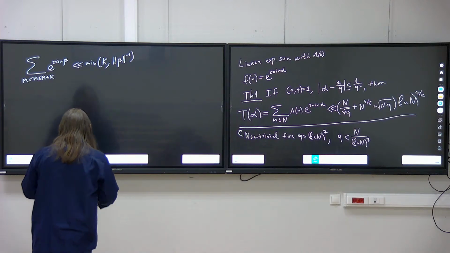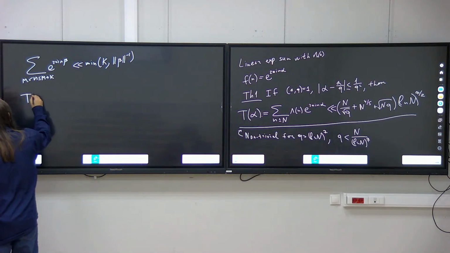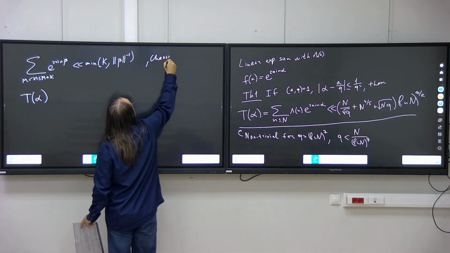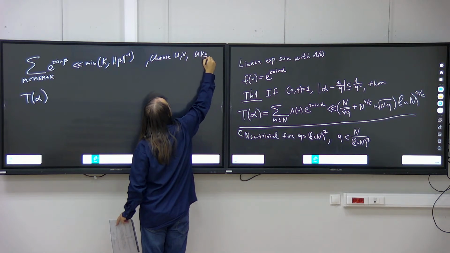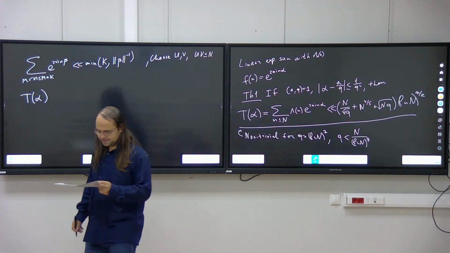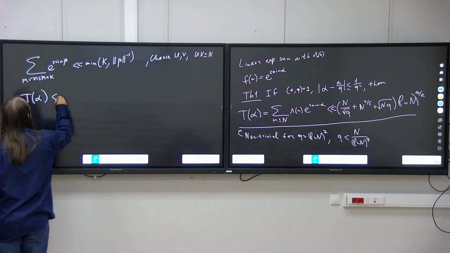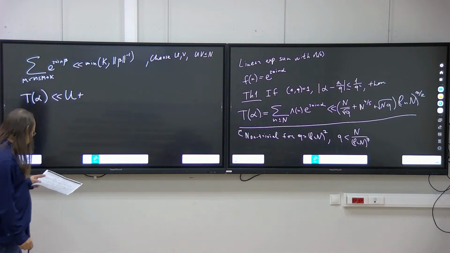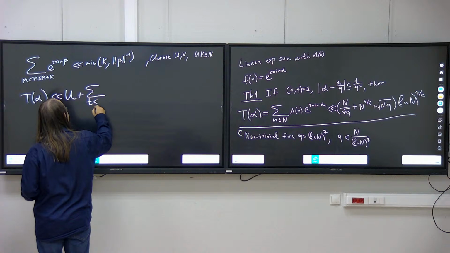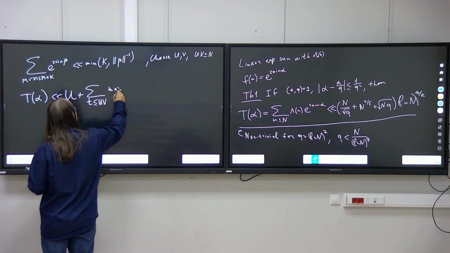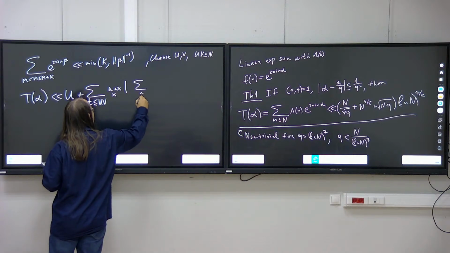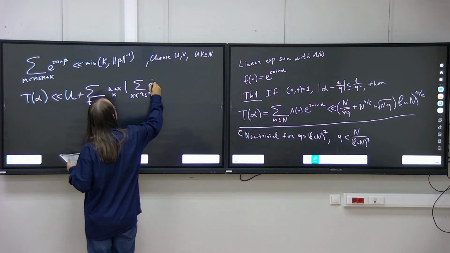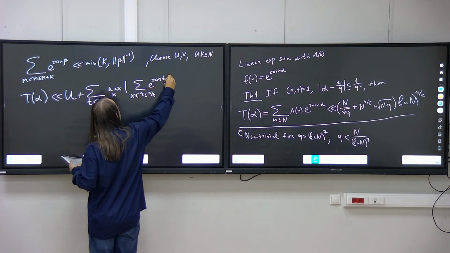Okay, so what do we get now? T of alpha, we are choosing U V such that the product is at most N. Then Lemma 2 gives you T of alpha is less in order than U plus sum over all t less than or equal to UV, maximum over all x, sum over all r between x and N over t, e to the power 2 pi i r t alpha.